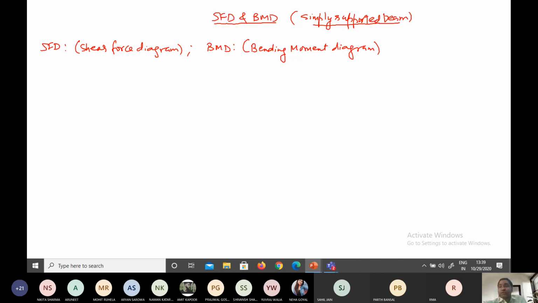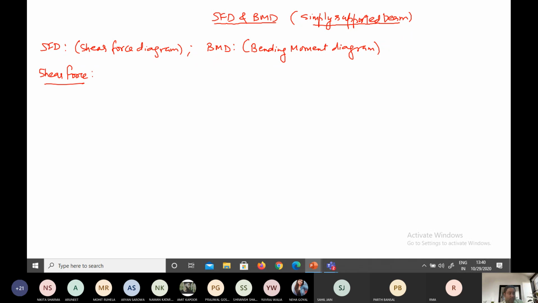So I will just take you to the definitions. First, write down the definition of SFD. First, write shear force, then I will define shear force diagram. Write down shear force.